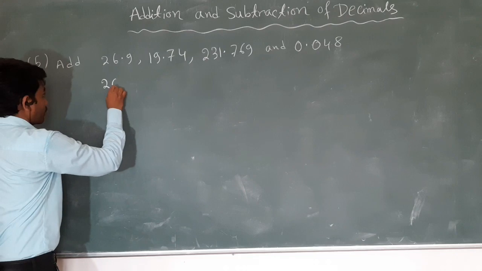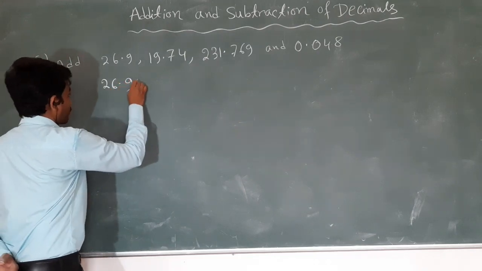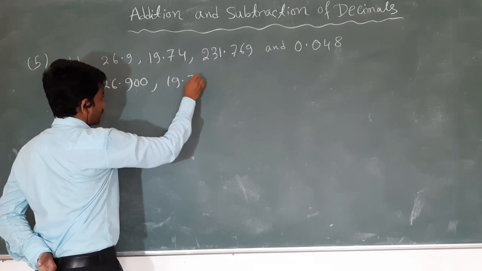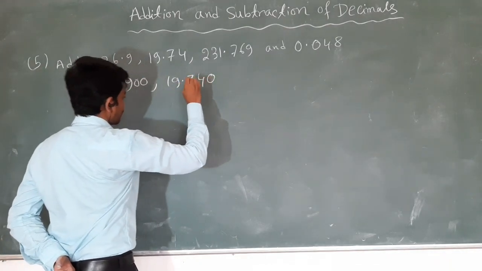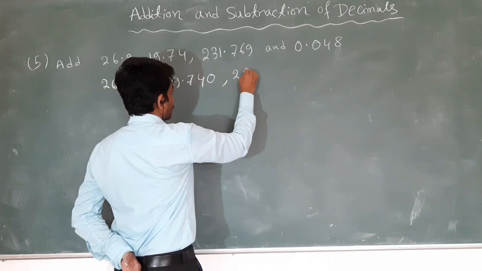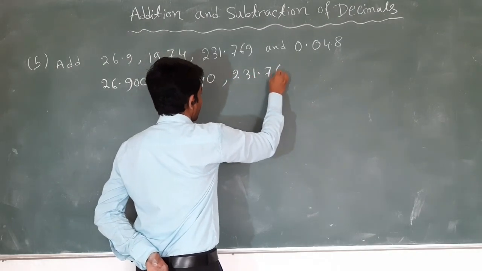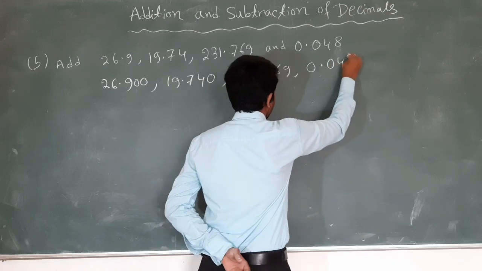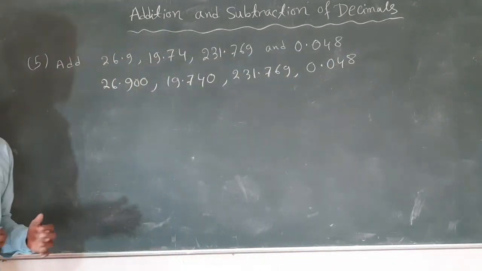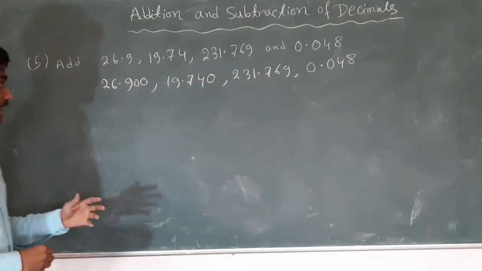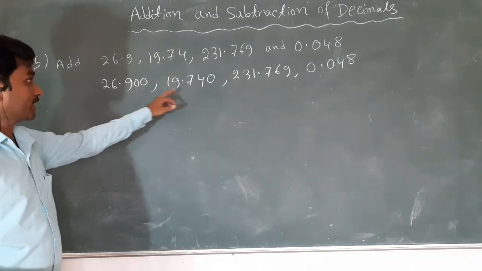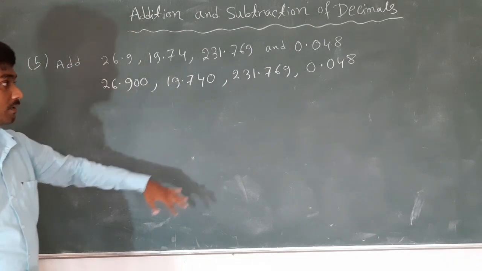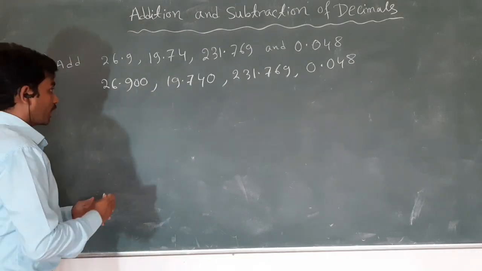So 26.9 can be written as 26.900 and 19.74 can be written as 19.740. 231.769. Next we write all the decimals one under the other in column form.